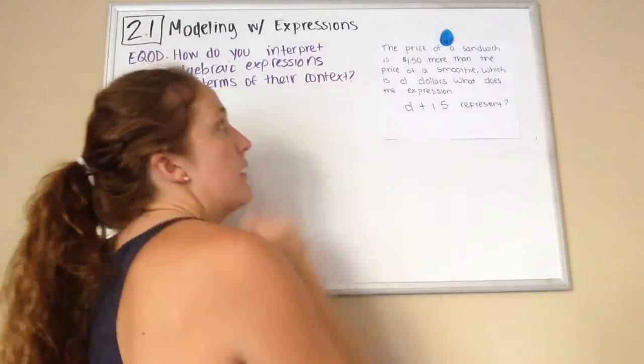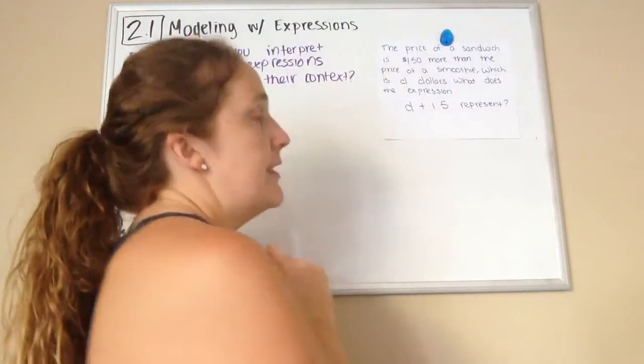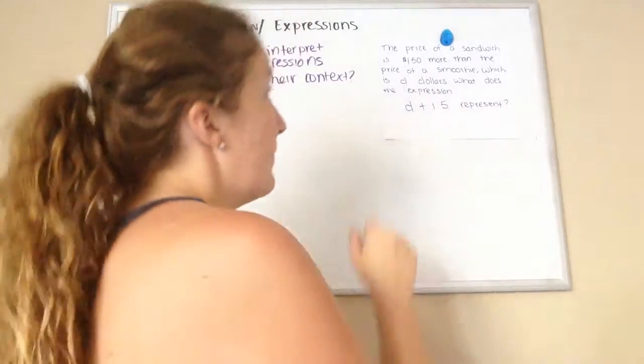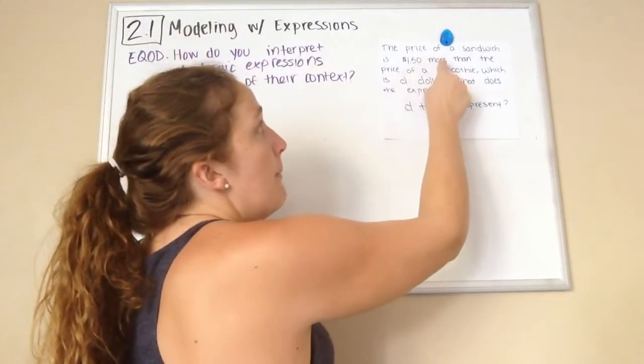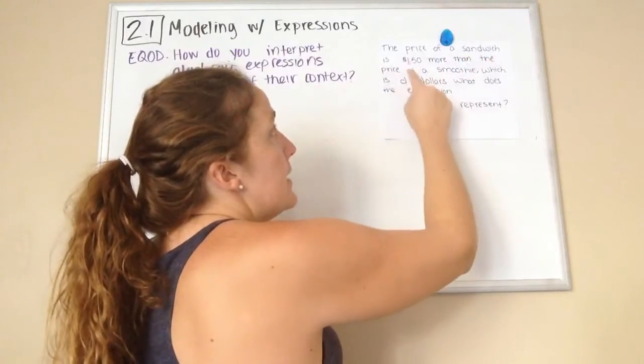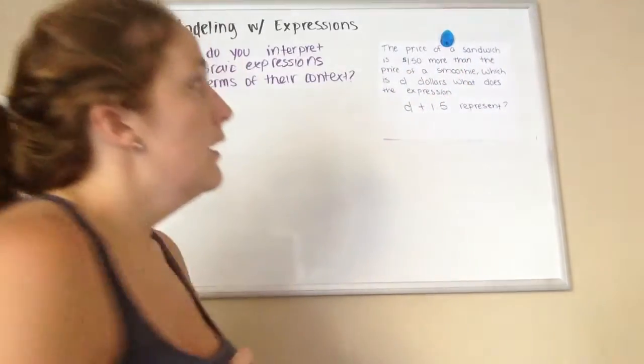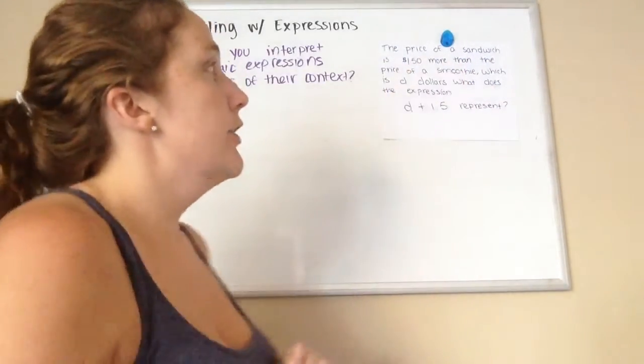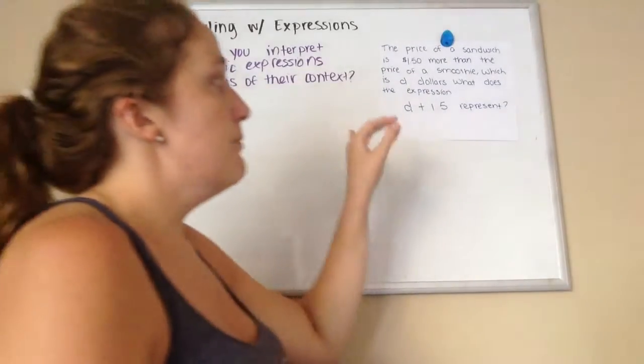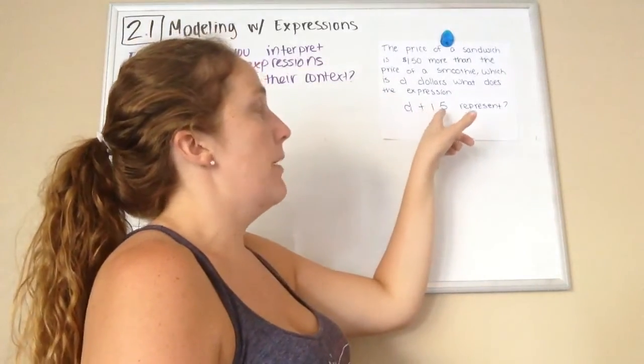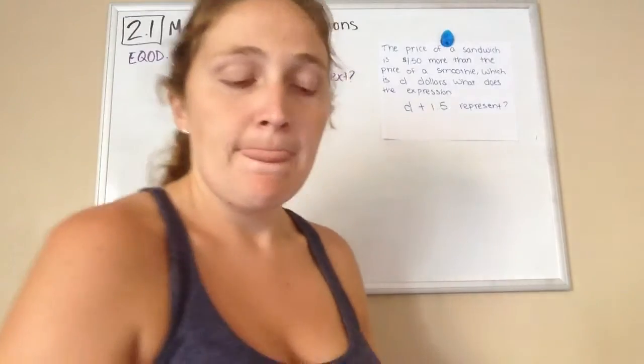The price of a sandwich is $1.50 more than the price of a smoothie, which is D dollars. What does the expression D plus 1.5 represent?